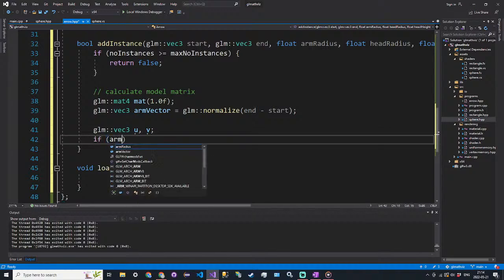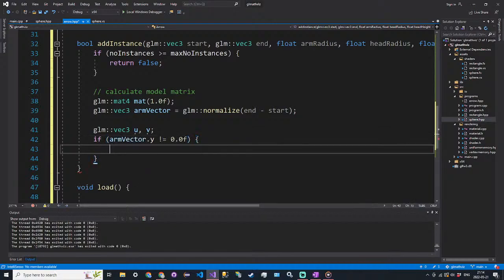So if arm vector dot y is not equal to 0, then we can isolate y as some value, and I will add in some more comments, but the point is u is going to be equal to glm vec3 1.0, minus arm vector dot x divided by arm vector dot y, 0.0.